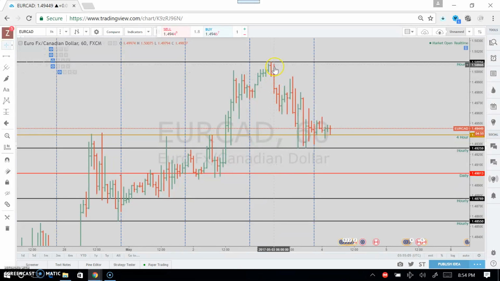Even though the bar went all the way up here, that means price went up here. Price opened right here, went up here, came down here, but came back up and closed right here. Some people can use it, some people can't.